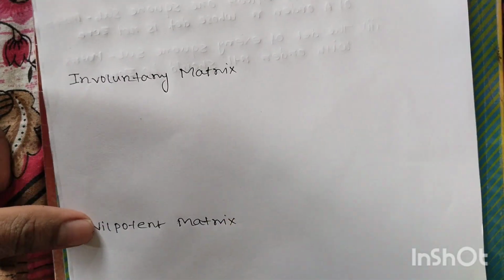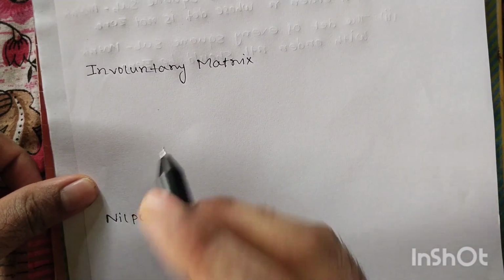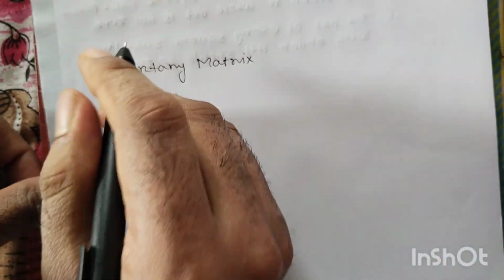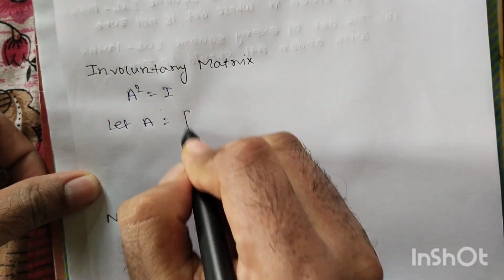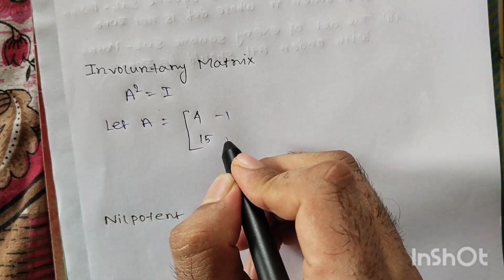Now a matrix is said to be involutory matrix if it satisfies the property that A square should be identity matrix. Let's take an example: 4 minus 1, 15 minus 4.